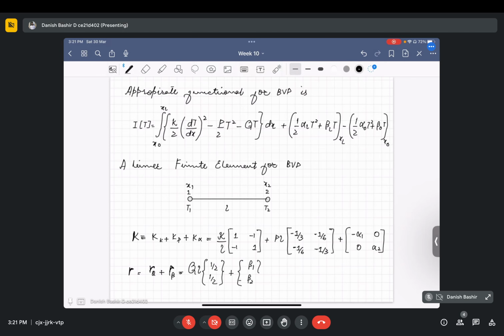And you know that the field variable T is equal to T1, T2, the nodal values. Okay, nodal vector.